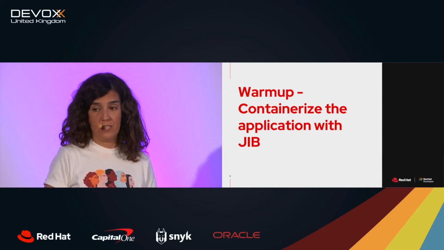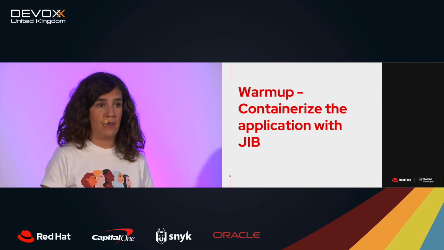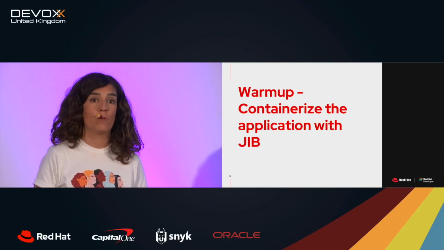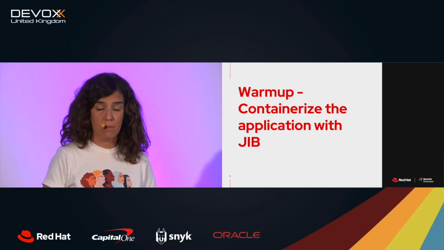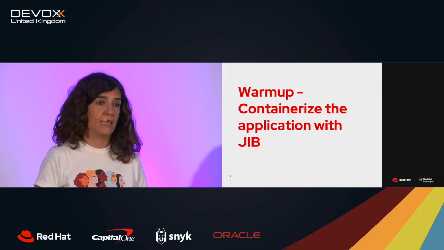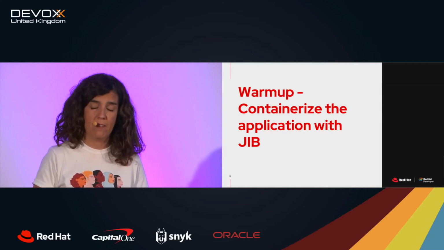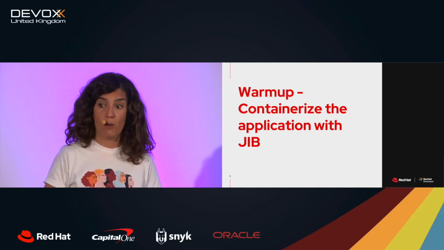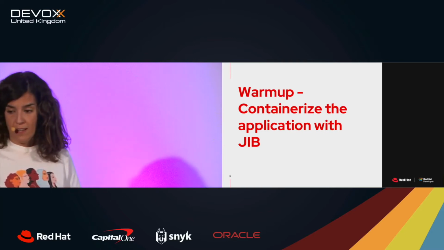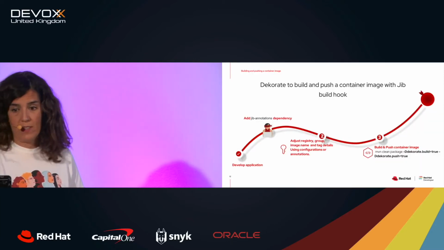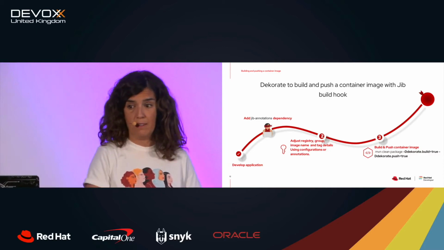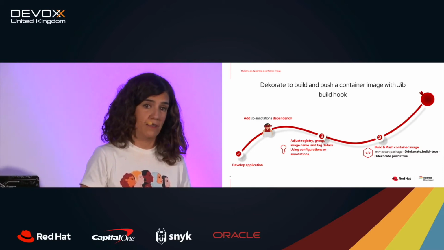Dekorate supports Jib and Docker as container build strategies. In this demo, we are going to use Jib because it allows us to completely avoid having to write a Dockerfile. So the container image is already built because it takes a few moments.